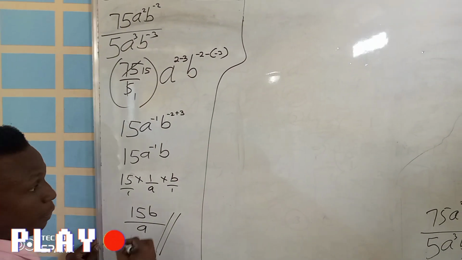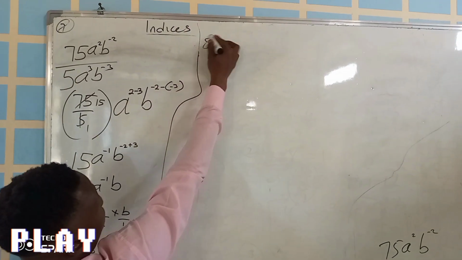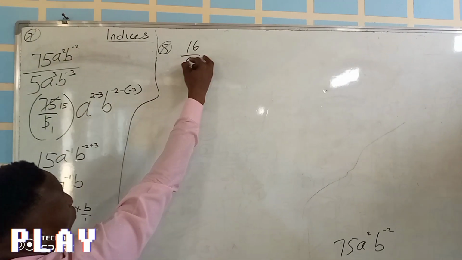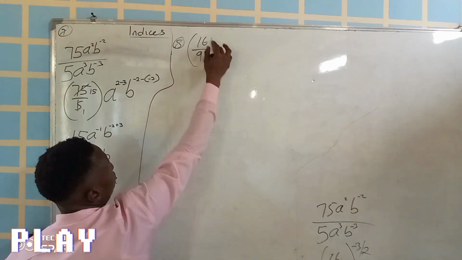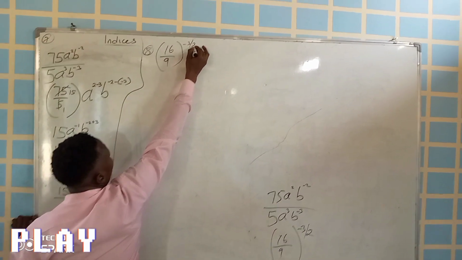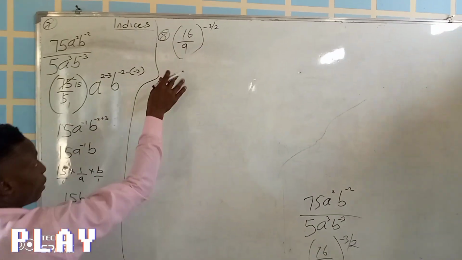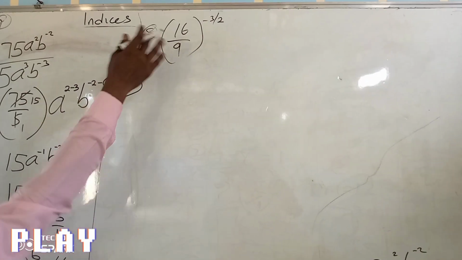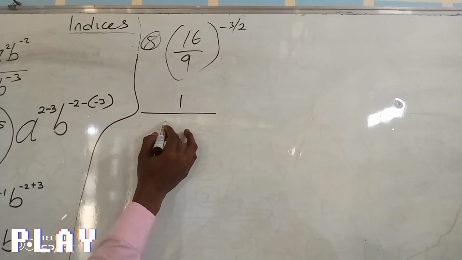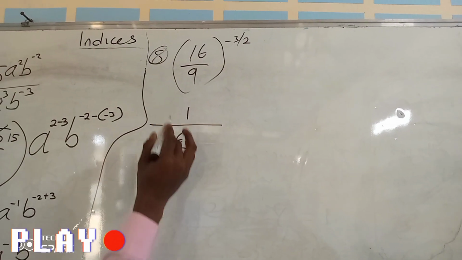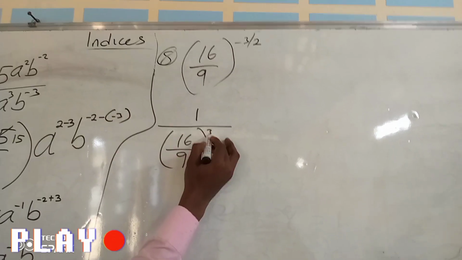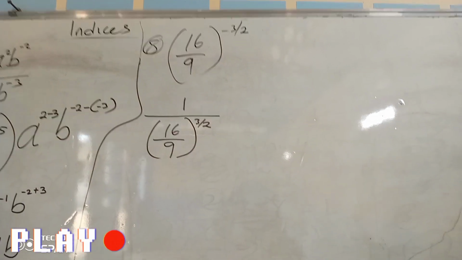Then the final question for today, solution 8. 16 over 9 raised to the power minus 3 over 2. First things first, we express it using the inverse law. So 1 over 16 over 9 to the power 3 over 2.